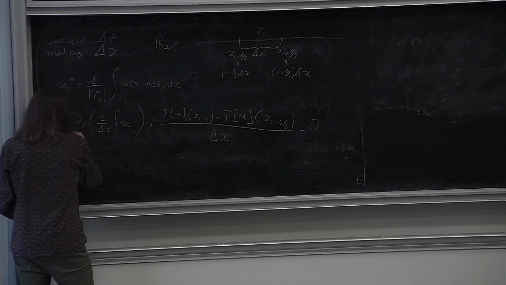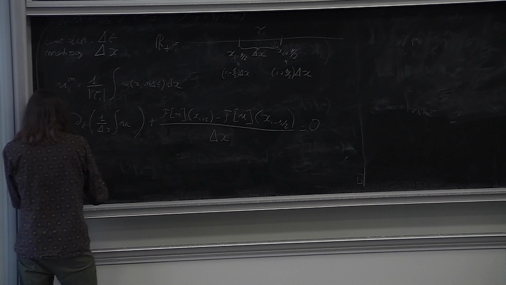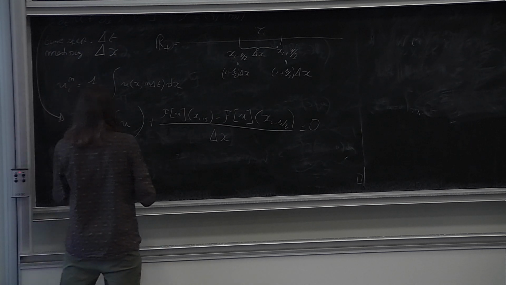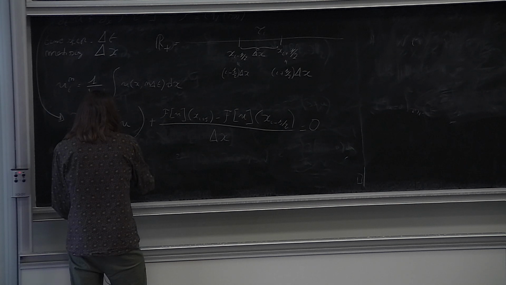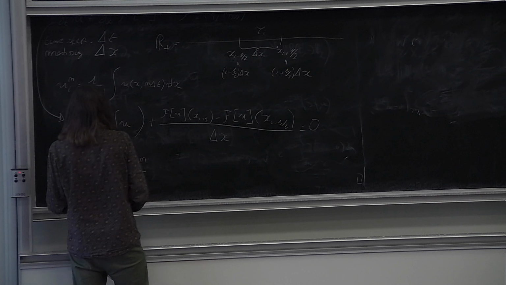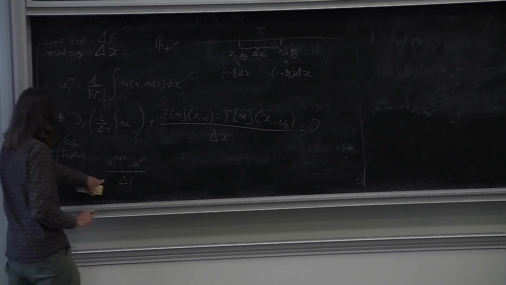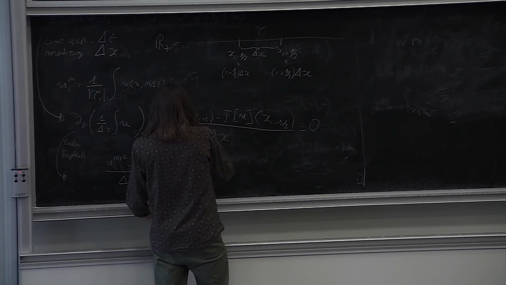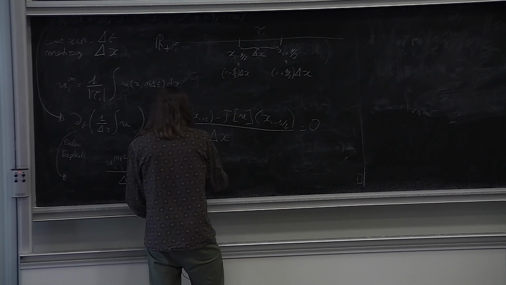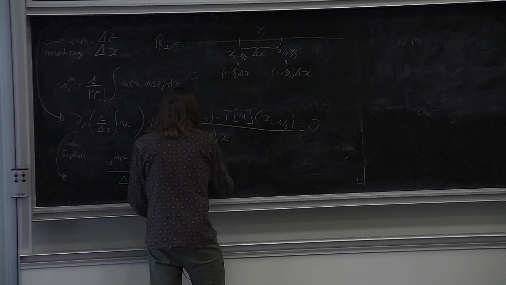Then I say in time, I take Euler explicit. It means that I want to change here the time derivative with the Euler explicit scheme. And since it's Euler, it's the value at time n.